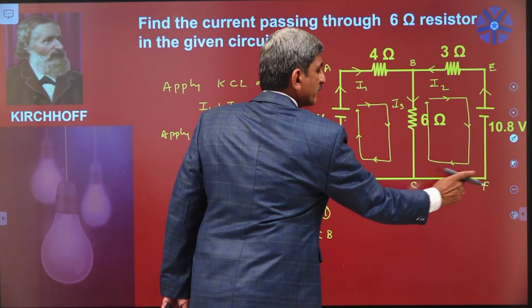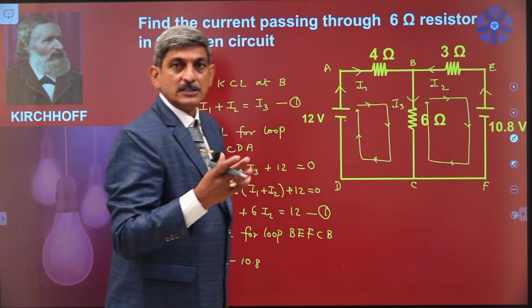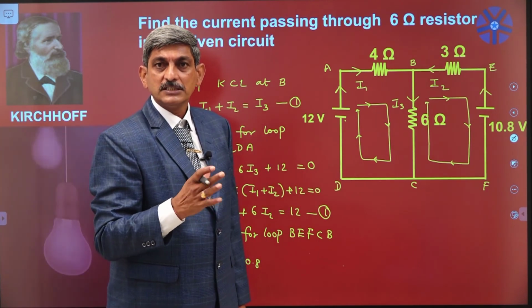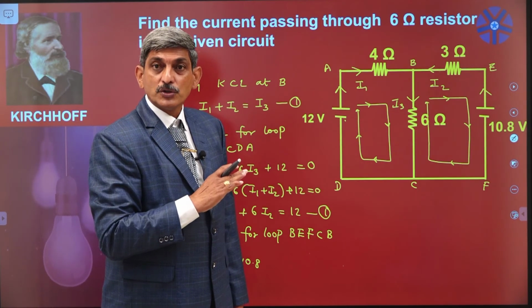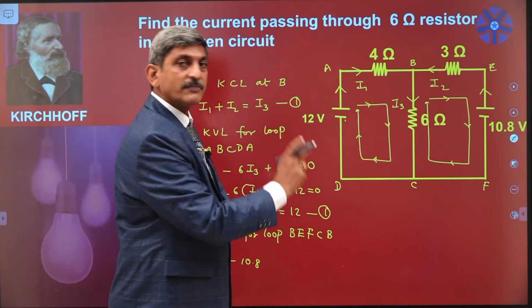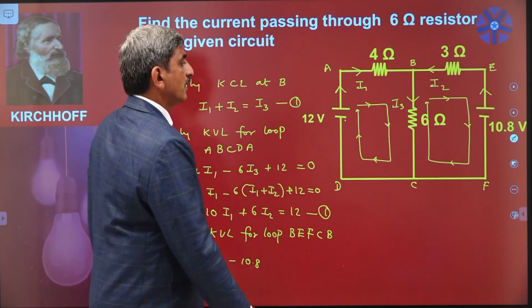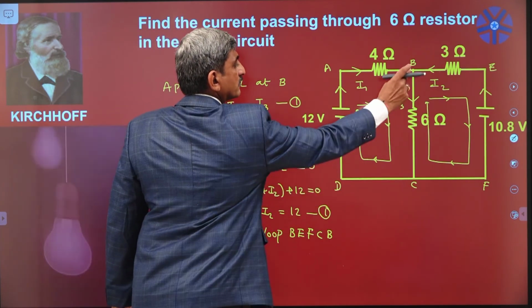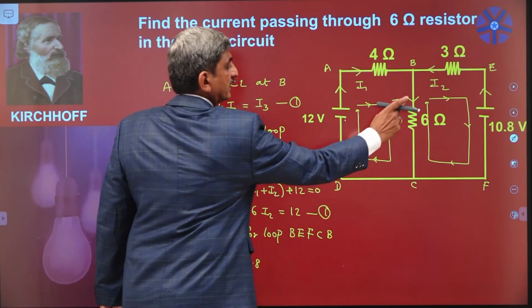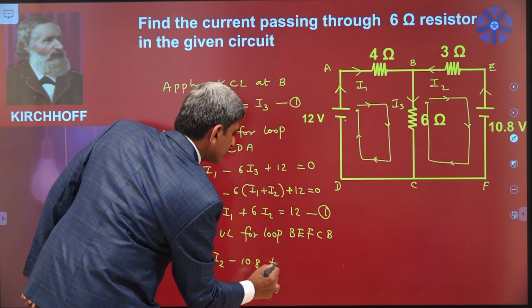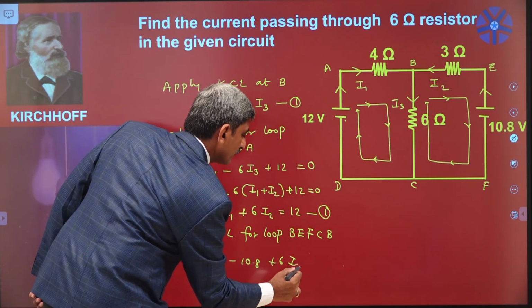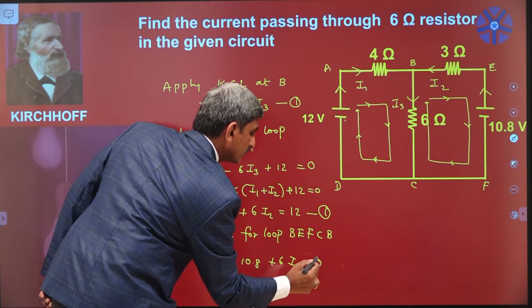When we are moving from F to C, there are no resistors and no batteries, so there is nothing to add in that FC branch. Now, when we move from C to B, the direction of the current and the loop are in the opposite direction, so plus 6I3 is equal to 0.